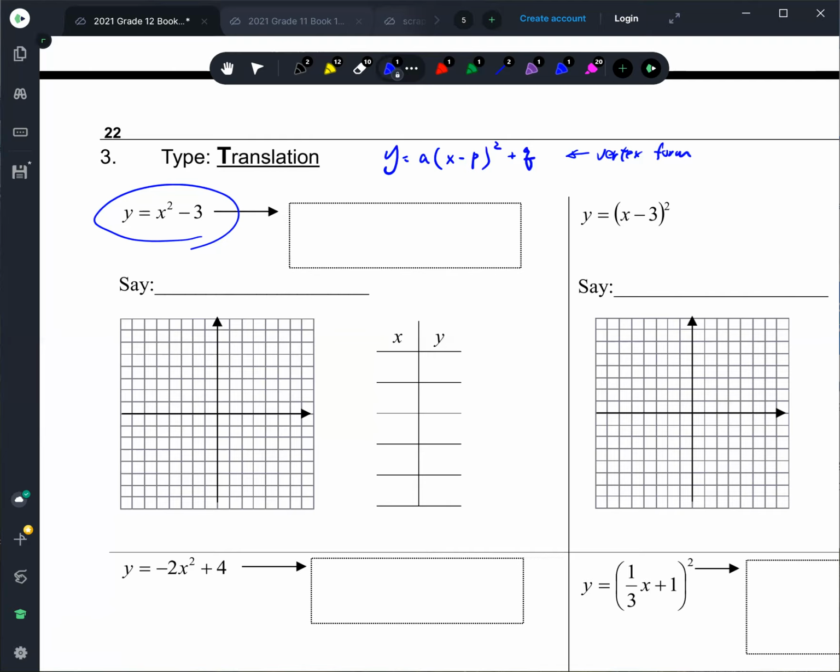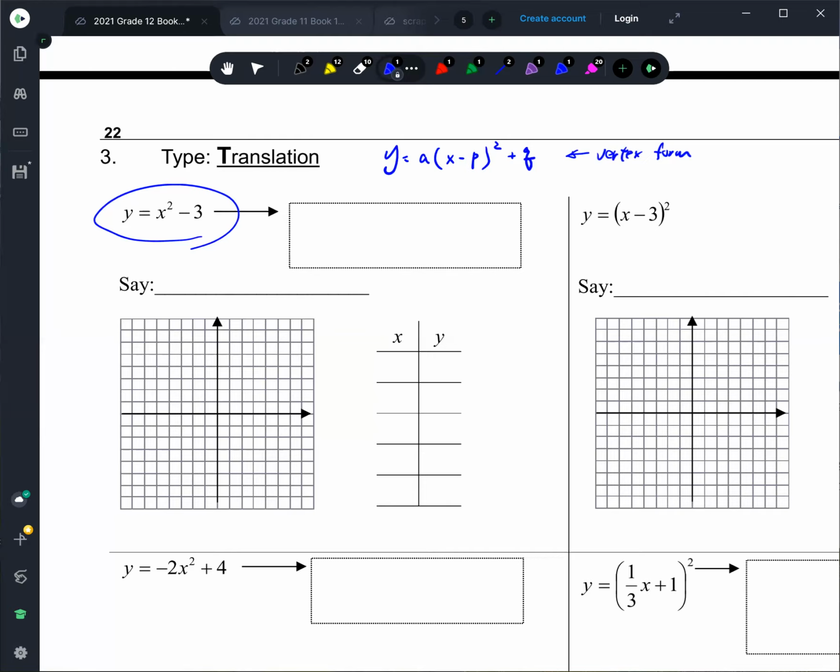Do you have to put it into vertex form first and then you can get the vertex? Yeah, normally, yes, we need to do that. But for this one, this is already in the vertex form, except it's a simplified version of it. So is the vertex then 0, -3? That's right, very good. So this is the same as having P as 0, Q is -3.